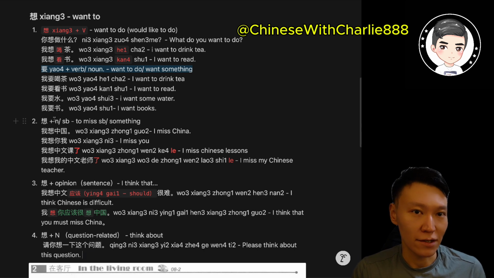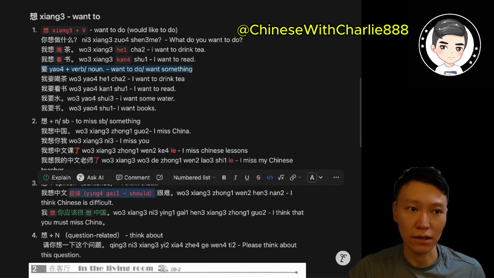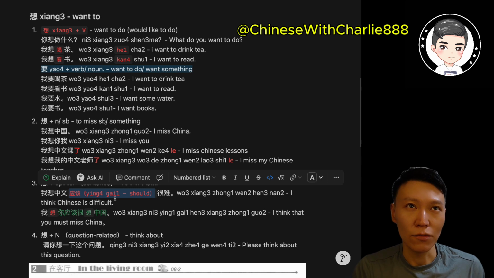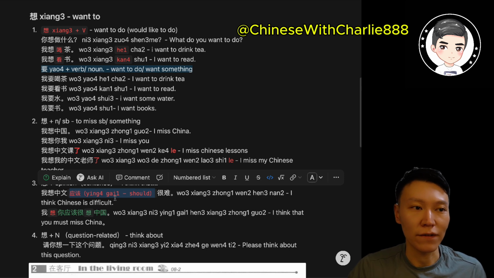So after 想, you have to use a whole sentence, a complete sentence, which should be your personal opinion. And usually we tend to use 应该 with it, because since that's your personal opinion, you don't have any proof. So we use 应该 to show our uncertainty, right? We're not very sure of something.